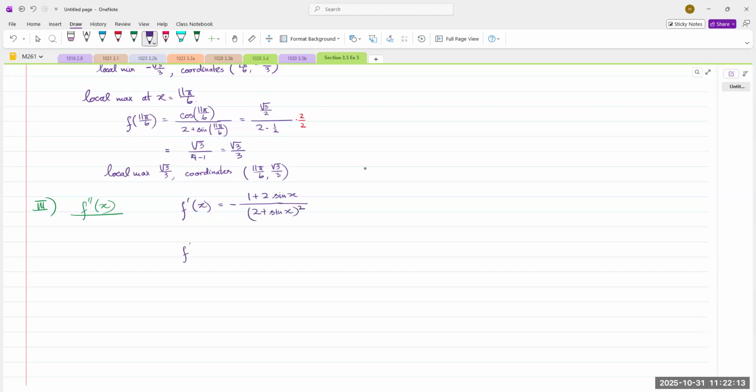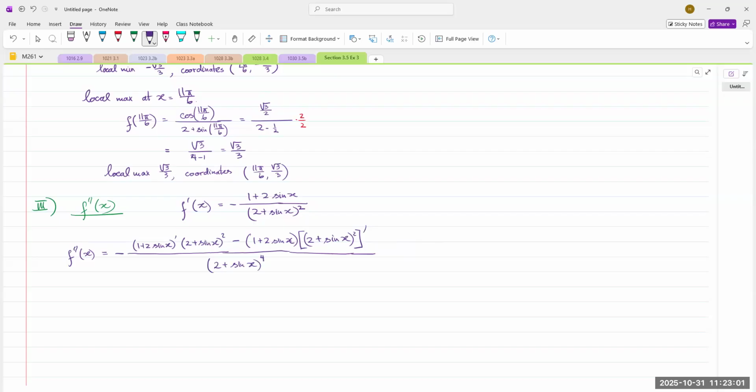So the second derivative will be negative of the derivative of the numerator times 2 plus sine x being squared, minus the numerator times the derivative of the denominator, over the square of the denominator.